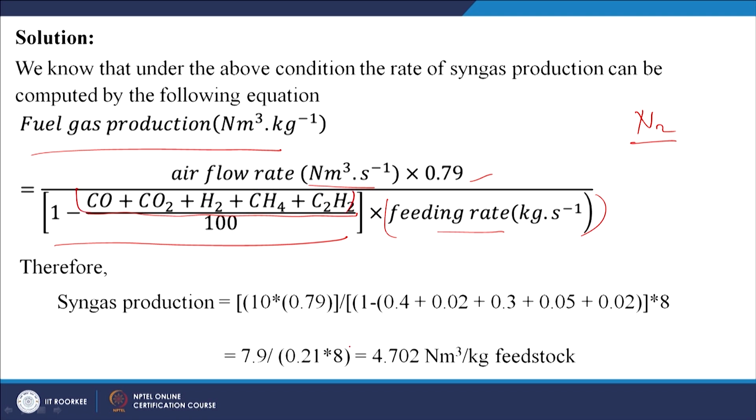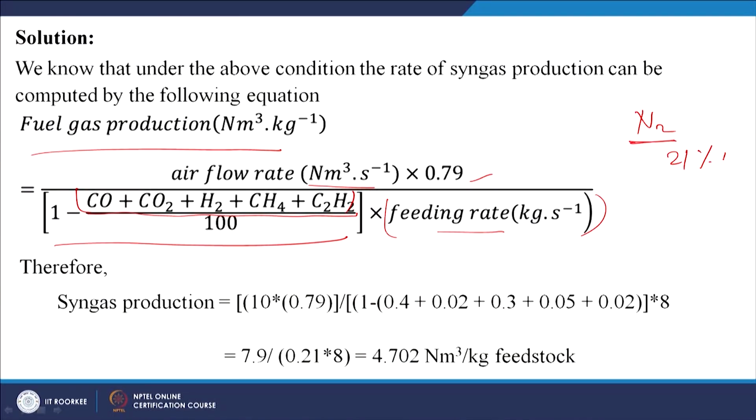Then, what was the nitrogen in the air which was used in this case? We are assuming 21% oxygen, so 79% nitrogen is there. That is why this term is 0.79.